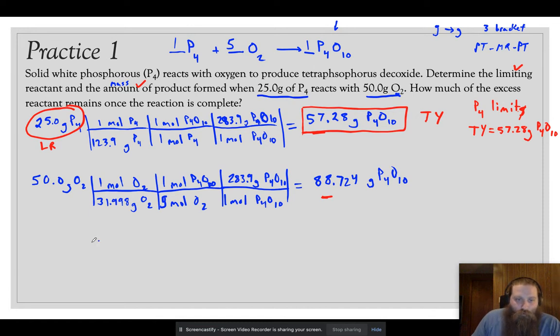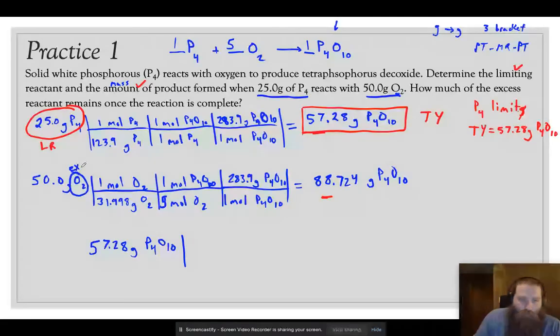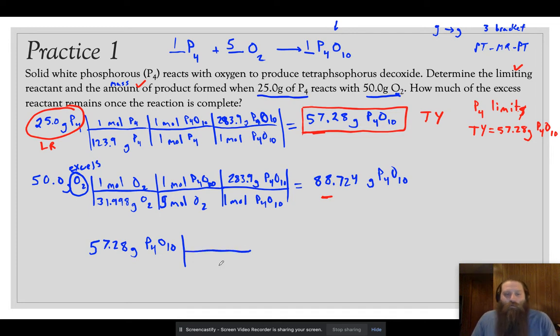I take the theoretical yield of P4O10, 57.28, and I'm going to convert it back into oxygen, because oxygen, O2, is in excess. Remember, anything that's not the limiting reactant must be in excess. I'm going to see how much oxygen I used up to make the theoretical yield.